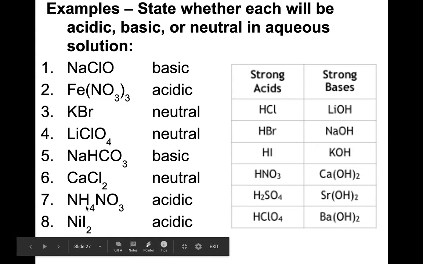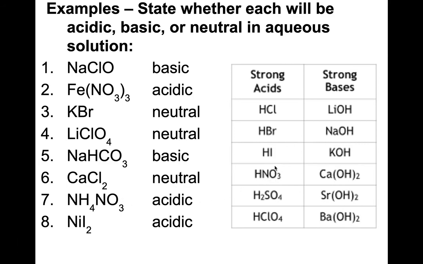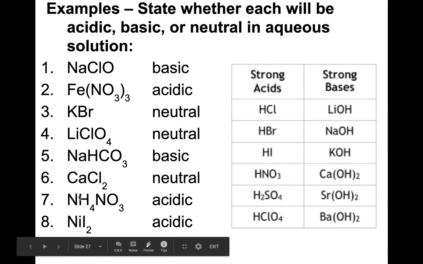NH4 is the conjugate acid of NH3, ammonia, a weak base. So it is acidic. NO3 is the conjugate base of a strong acid. It is neutral. We've got acidic and neutral, an overall acidic solution.